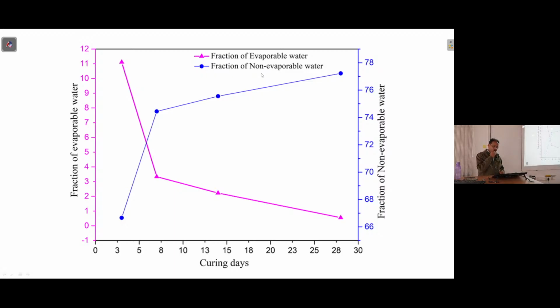This is the gel formation I was mentioning: as the cement hydration progresses, the non-evaporable part becomes integral with the gel, like all this calcium oxide or silicon of the CSH gel.